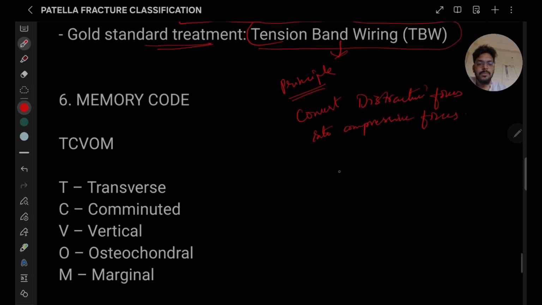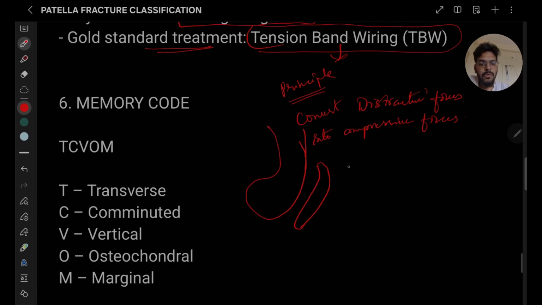I will explain it in a simple manner. This is the patella, this is the distal femur. What is the distracting force? Proximally, the quadriceps muscle is pulling, distally the patellar ligament is attached, so the distracting force is the quadriceps muscle. Now I need to convert this into a compressive force.